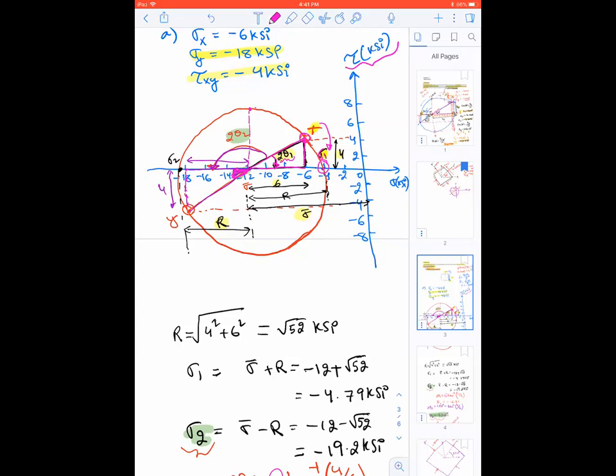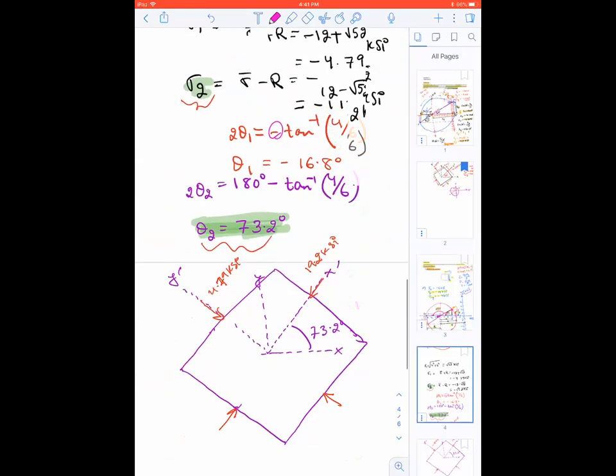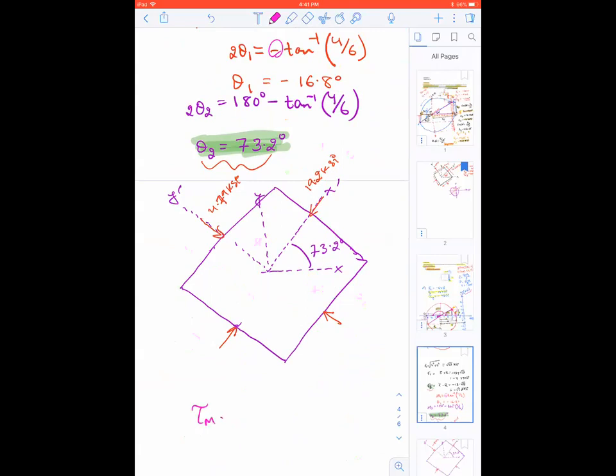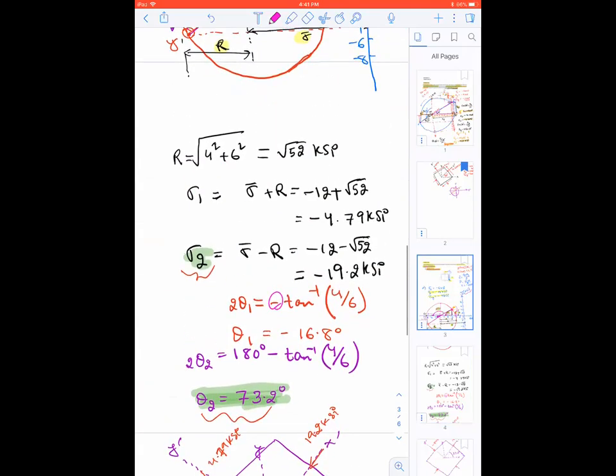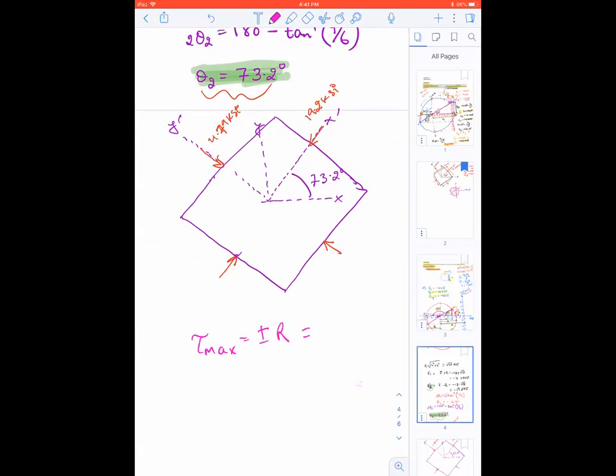That will give you the tau max, from the center of the circle all the way to the circumference of the circle. That is the radius. So tau max is plus minus r. My radius, I calculated it to be root 52.